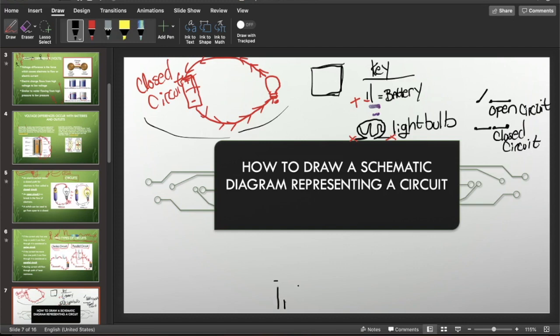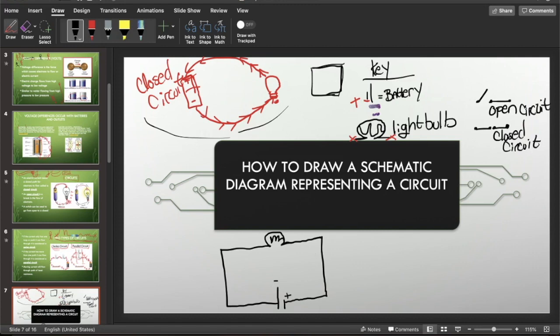Remember, big line is the negative, small line is the positive. All right, we'll draw a square that connects to a light bulb. All right, and then we will draw that all the way down to our positive end.